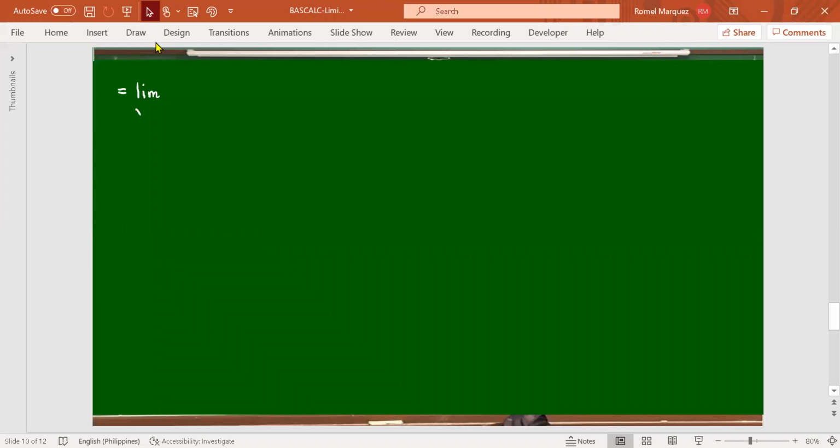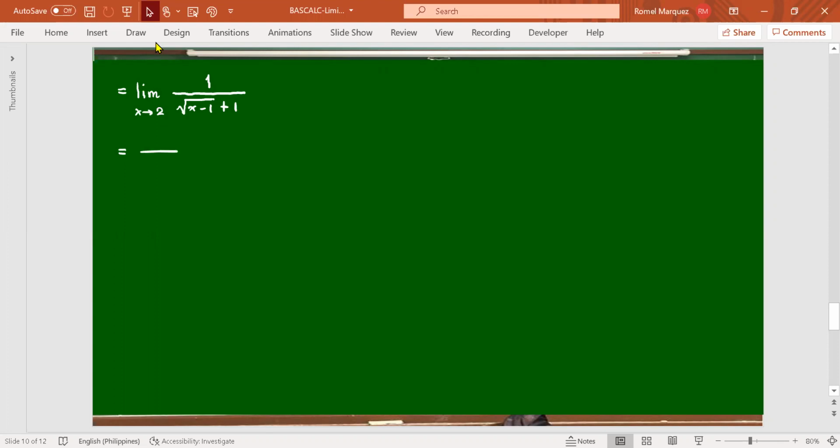Okay? So, as x approaches 2, the denominator now becomes simply square root of x minus 1 plus 1. In the numerator, simply 1. Okay, now can I now get the limit? Nagsisiro ba ang limit ng denominator? Hindi po.